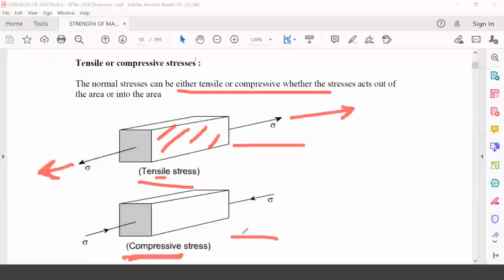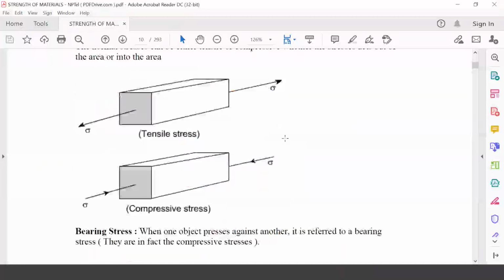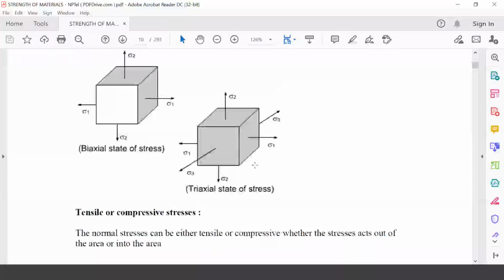If you are pulling it in both the directions, then it is tensile. That means you are giving tension. Similarly, compressive means you are compressing it, or you are just pressing it inwards. So this is known as tensile and compressive stress. Fine. Now we'll go.